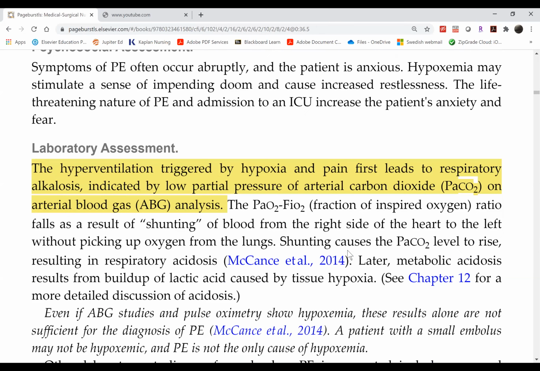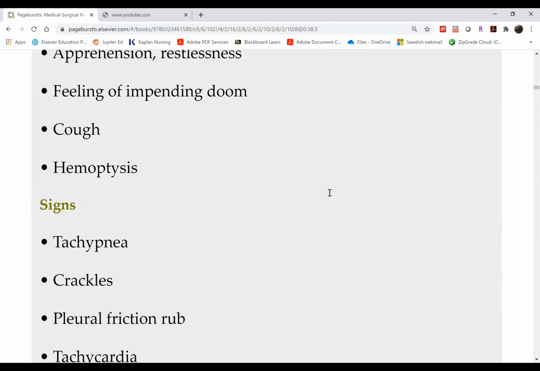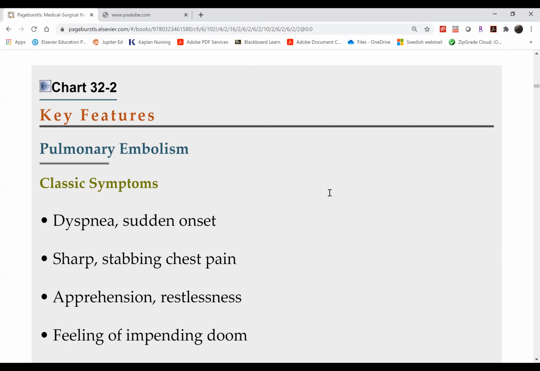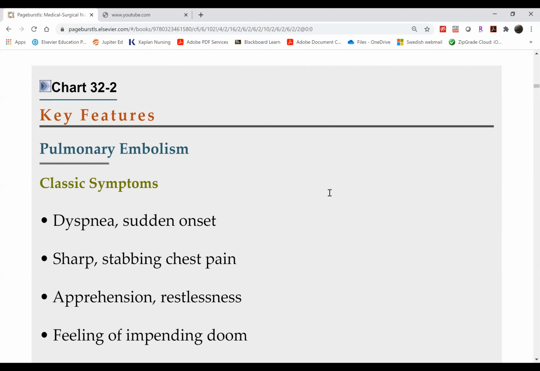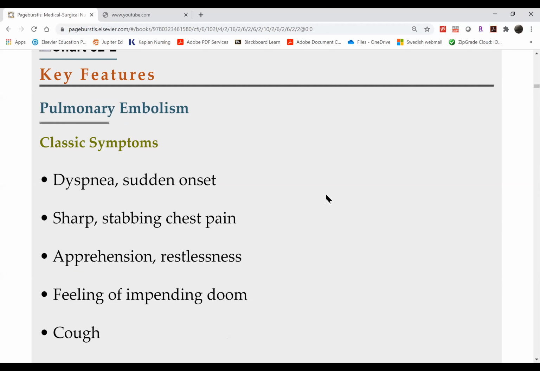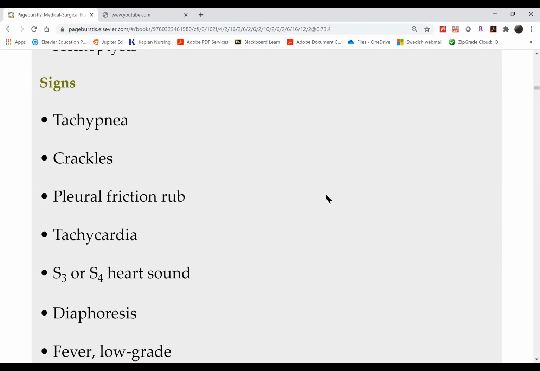Now, I was saying earlier before we got cut off that if you look at chart 32-2, Mr. Espinosa, are these exclusively found in a PE? No, they seem similar to symptoms of an MI. Also in heart failure, correct? Heart failure, yeah.